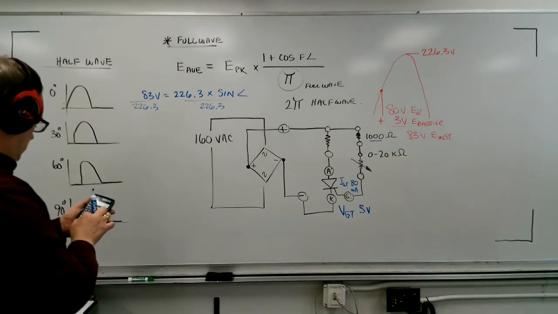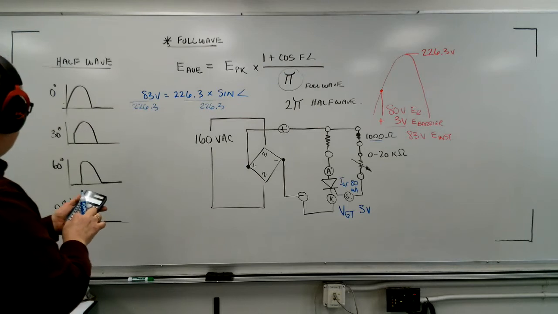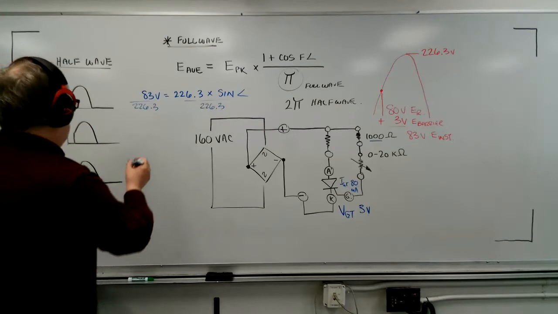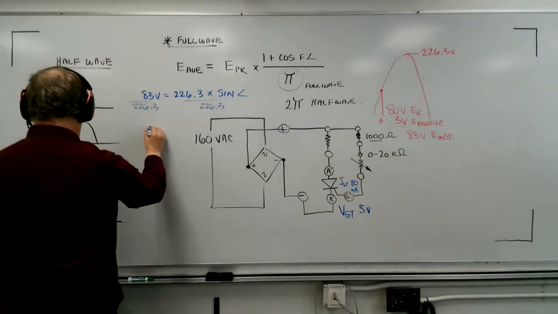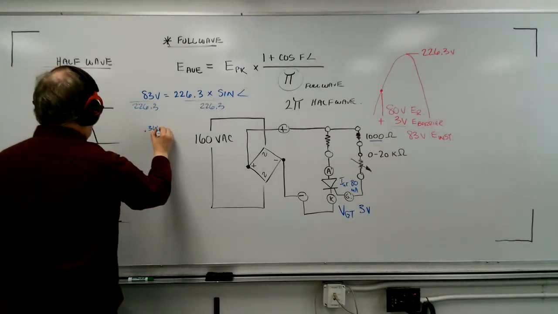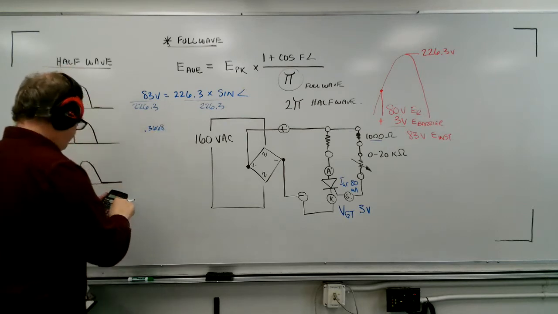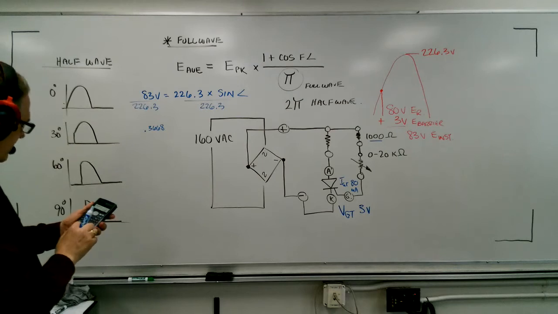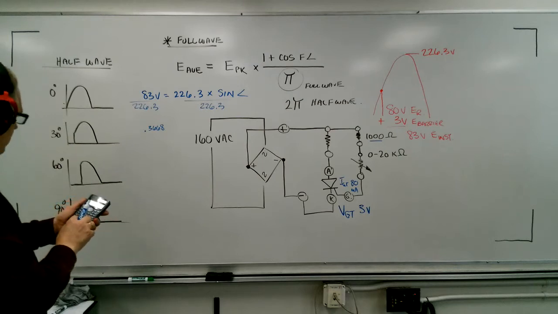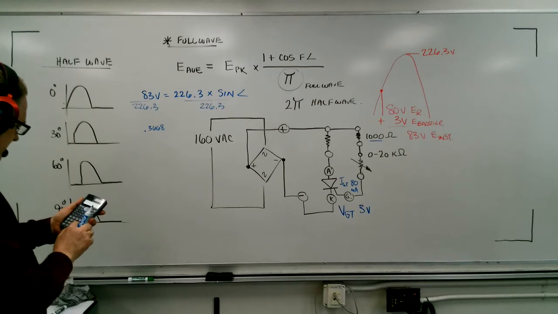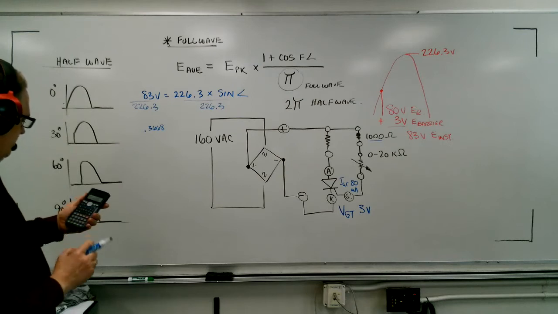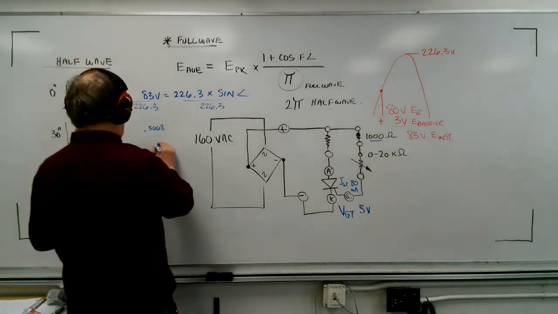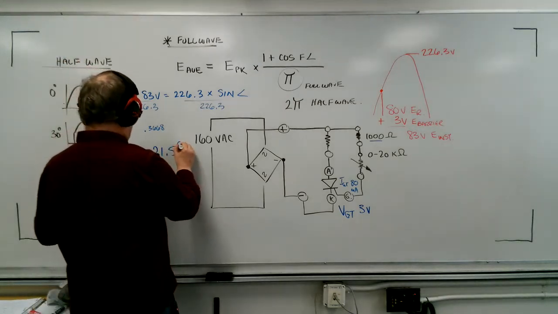83 divided by 226.3 equals the sine of the angle. And what I come up with is 0.3668. So now if I go inverse sine of 0.3668, I come up with an angle of 21.5 degrees.